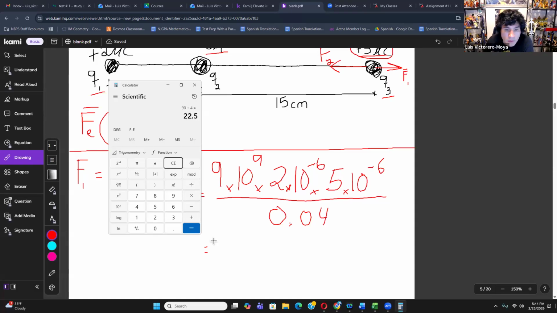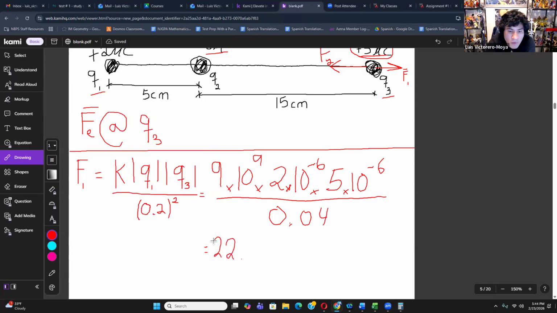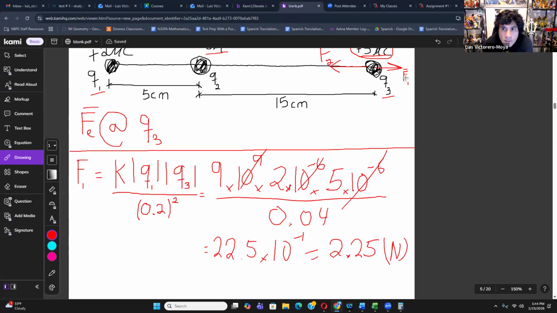All right, so let's put that in there. 22.5 times 10 to the negative 3 times 10 to the negative 1. So 2.25 newtons. That's F1. So that's this.